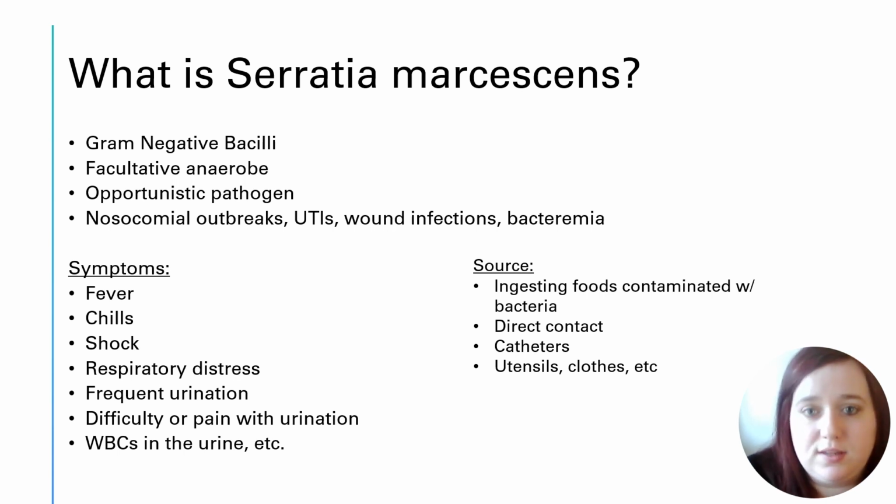If you notice the little orange reddish color in your bathtub around those moist areas, that's more than likely Serratia marcescens. Symptoms include fevers, chills, respiratory distress, and shock, which are usually the signs of sepsis, and frequent urination, difficulty or pain with urination, and white blood cells in the urine are the symptoms of UTI.